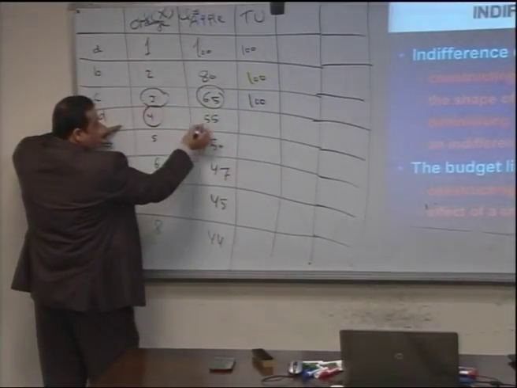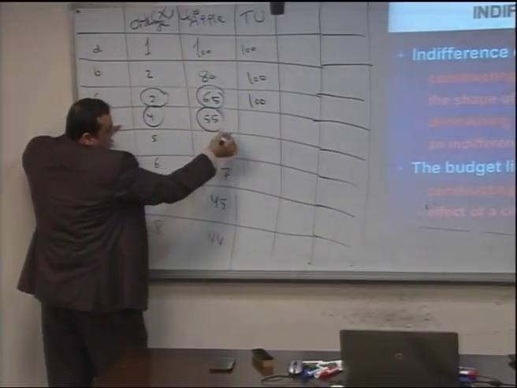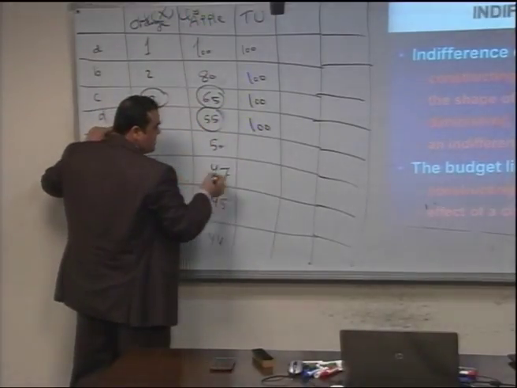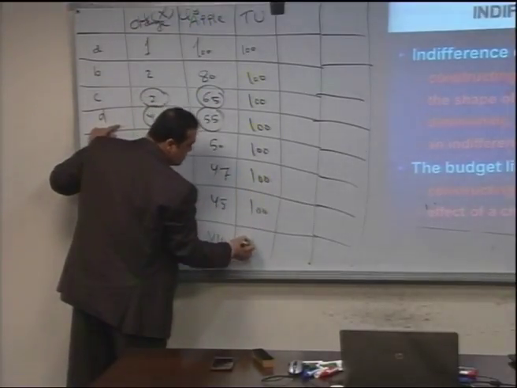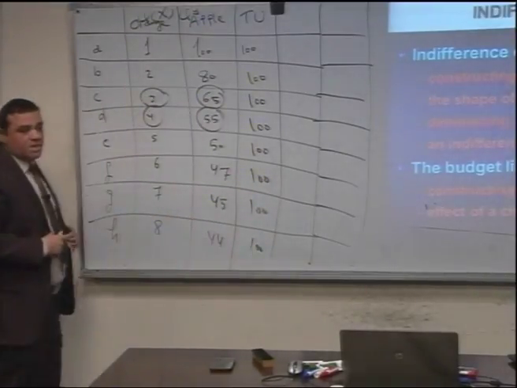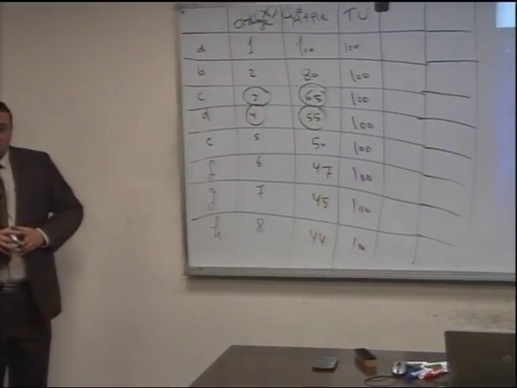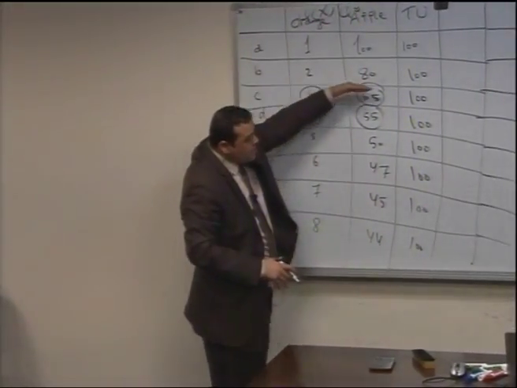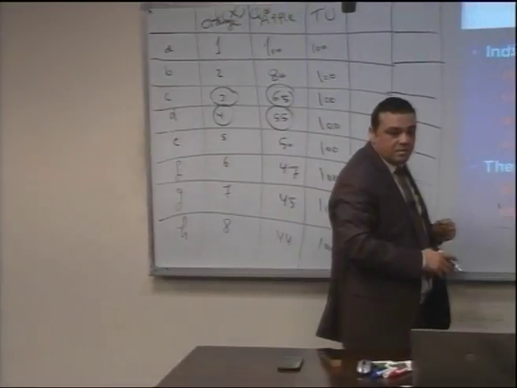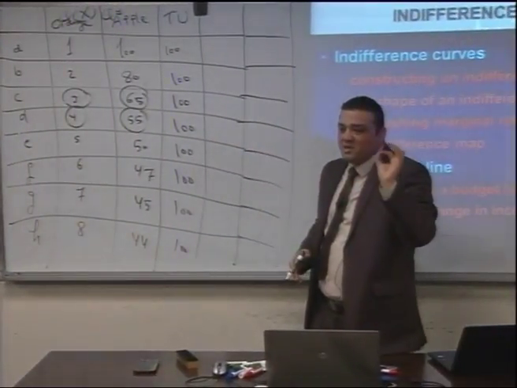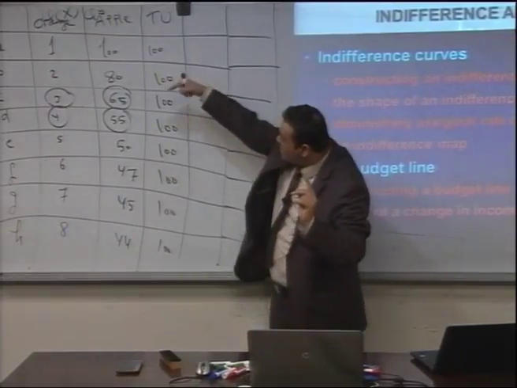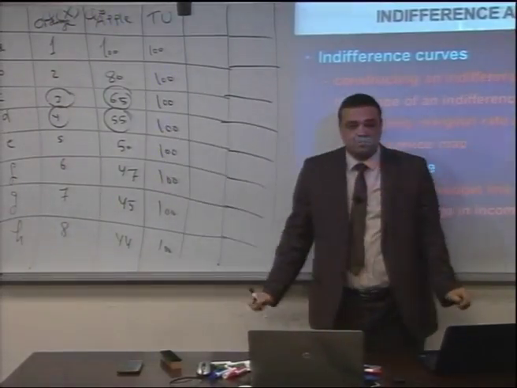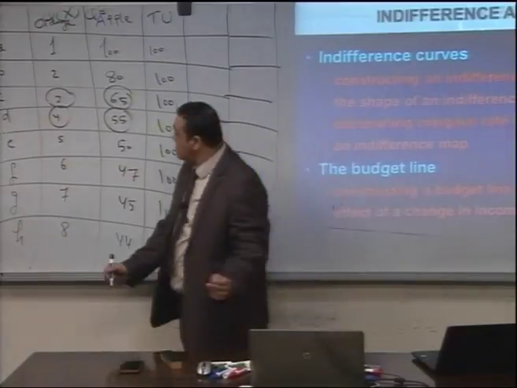Adding 1 more unit, he sacrifices 10 units, and keeps the same total benefits. What do you see? The different combinations give the consumer the same total utility, but let's follow up the cases.